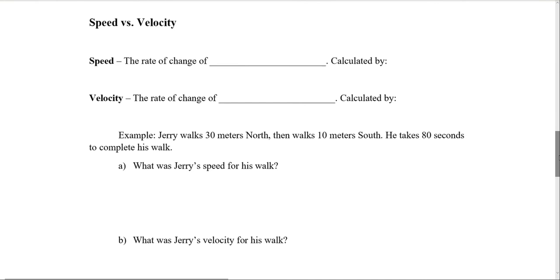Let's talk about our other pair of values that are very related, speed and velocity. Speed is the rate of change of distance. And you can calculate the speed by taking whatever distance something has traveled and dividing it by how much time it took to travel there. Since speed is related to distance and distance is a scalar, speed is also a scalar.